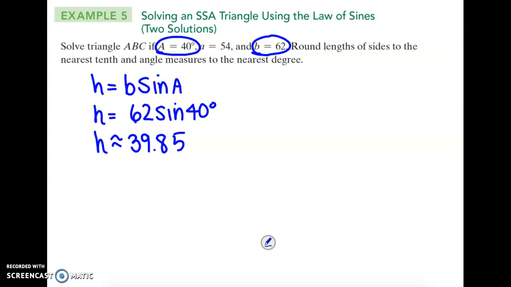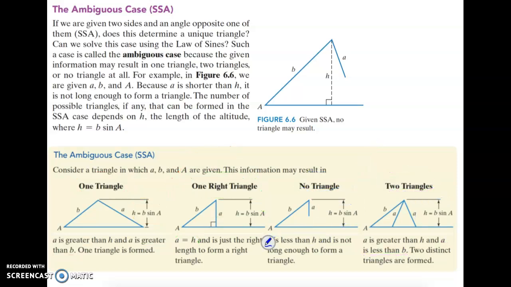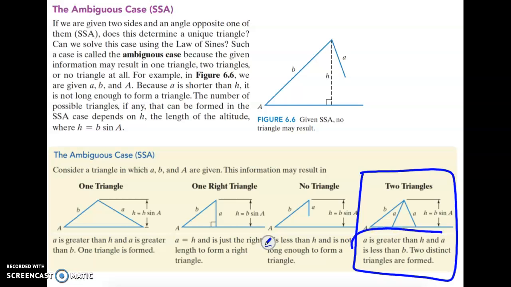If we look back on that previous slide, the rule when you have two triangles existing is when your A value is greater than your height, and your A value is also less than B. So that's what we're looking at here.